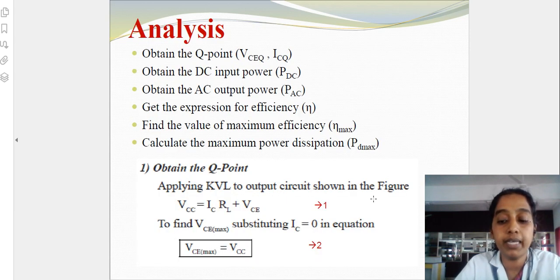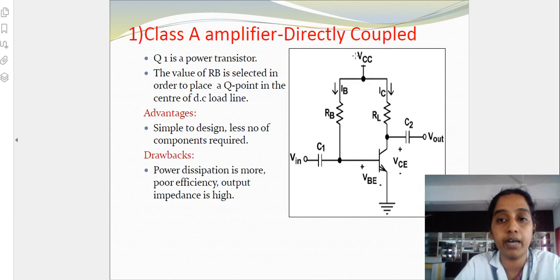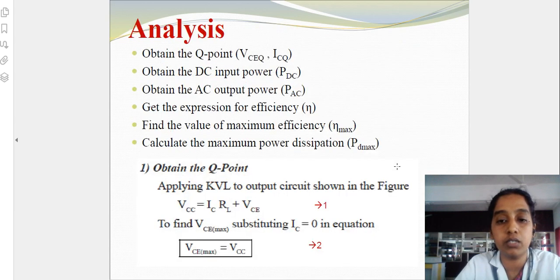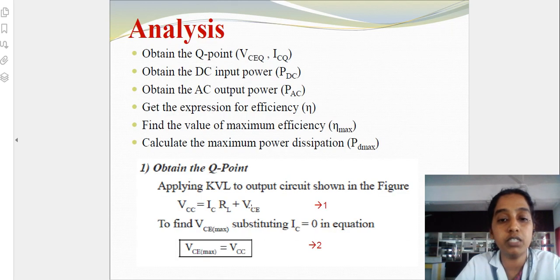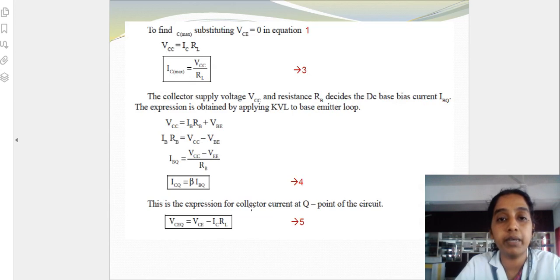If I apply KVL to the output circuit, I have VCC minus IC into RL minus VCE equal to 0. By taking the value of IC as 0, my VCC value will be equal to VCE. If I substitute VCE as 0, I can calculate my IC. IC is equal to VCC by RC.